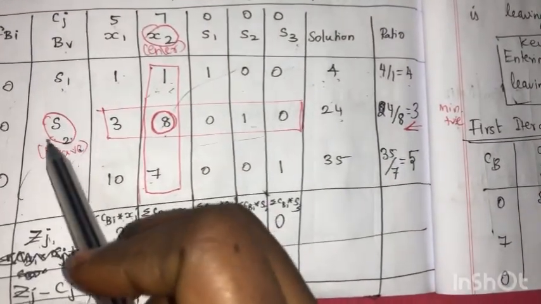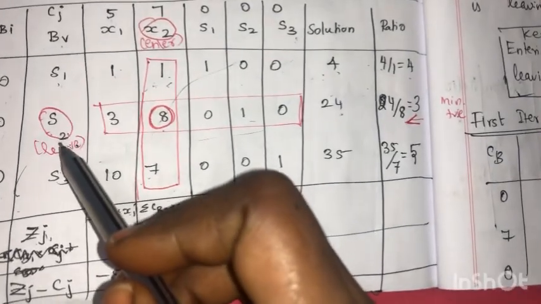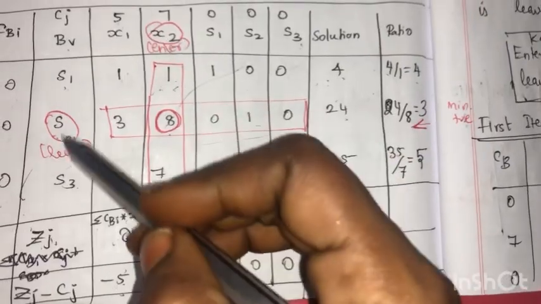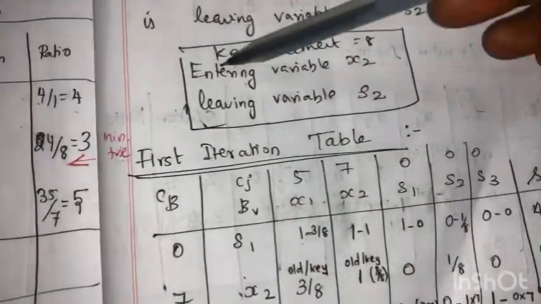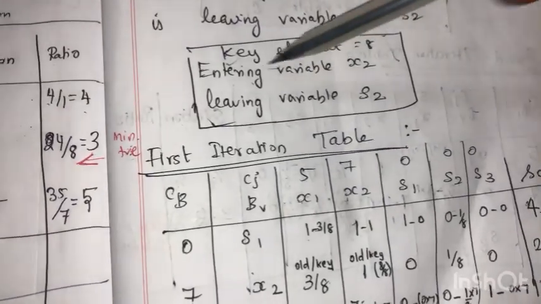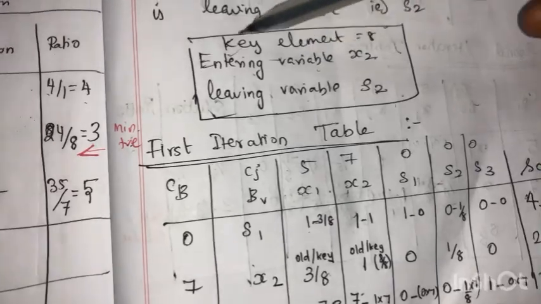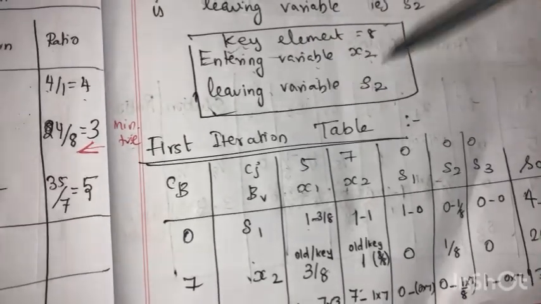Here the slack variable leaves and this key column enters into the table. So now the key element is 8, the entering variable is x2 and the leaving variable is s2.